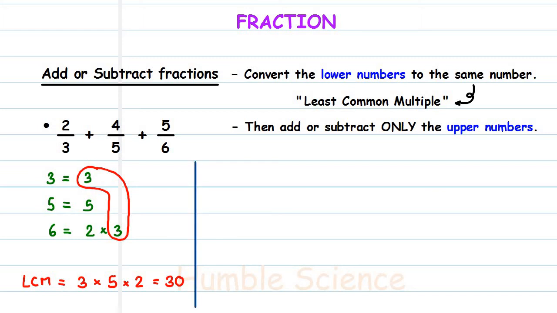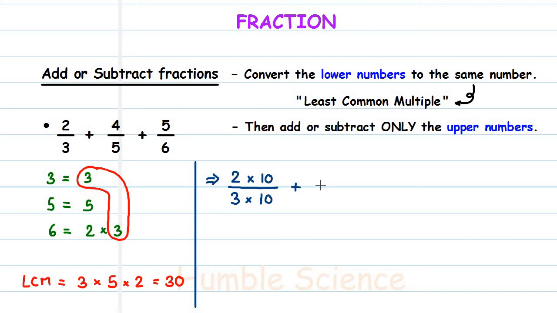And now we can convert the lower numbers into the least common multiple. For the first term, it is 3 multiplied by 10 in order to be converted to 30, so the upper part has to multiply 10 as well.